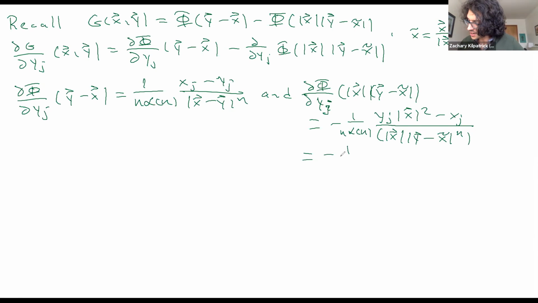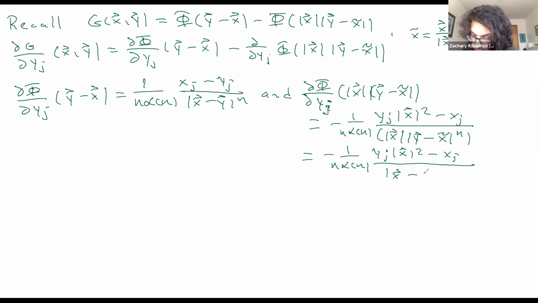And this is equal to minus 1 over n alpha of n, yj x squared minus xj divided by, and because we're computing this on the boundary here, remember that that solution is computed on the boundary, we can just write this as the magnitude of x minus y to the n, since y is on the boundary in that case.